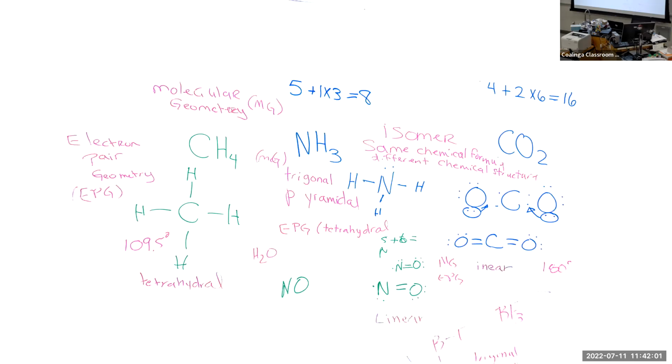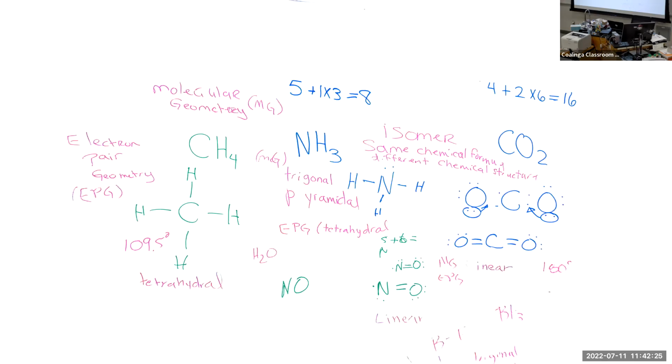So the structure is bent. What we see is the bent structure. We don't see the lone pairs that are causing the bent structure. Its electron pair geometry would be tetrahedral since there are 4 things, because you're including those lone pairs. But its molecular geometry is bent.